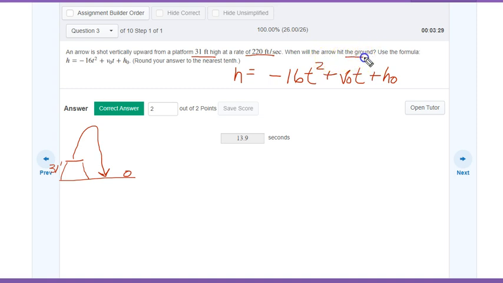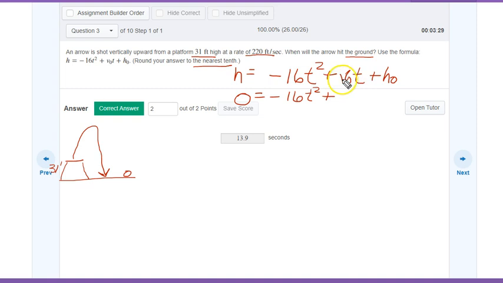So this is in seconds, and we use this formula. They want you to round to the nearest tenth. So I've copied the formula, and my height is going to be 0. I want it to reach the ground. So I have a negative 16 t squared. Again, I don't know what t is.